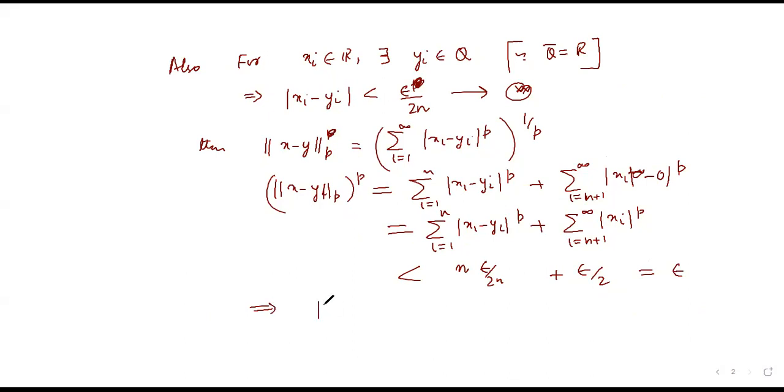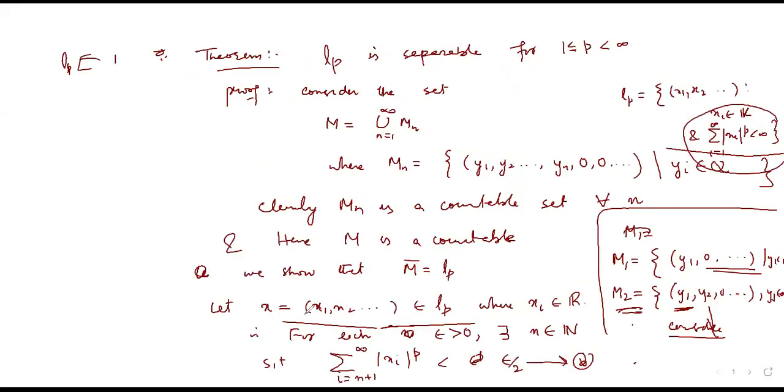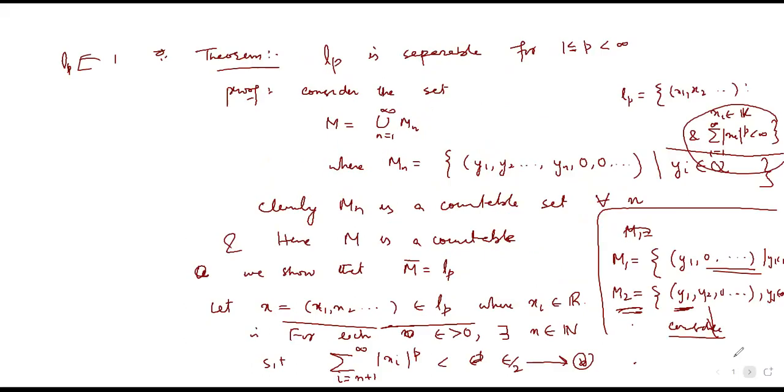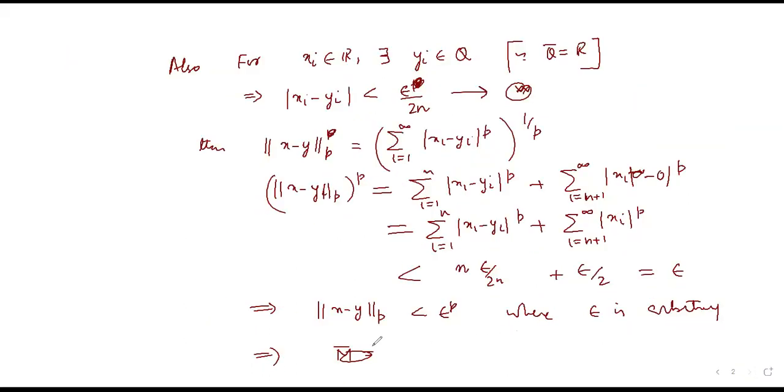It implies that norm of x minus y p is less than epsilon by p, where epsilon is arbitrary, which implies that M closure is indeed, because for every x belonging to LP, I have been able to find some y belonging to this countable set such that the norm between them is arbitrarily small.